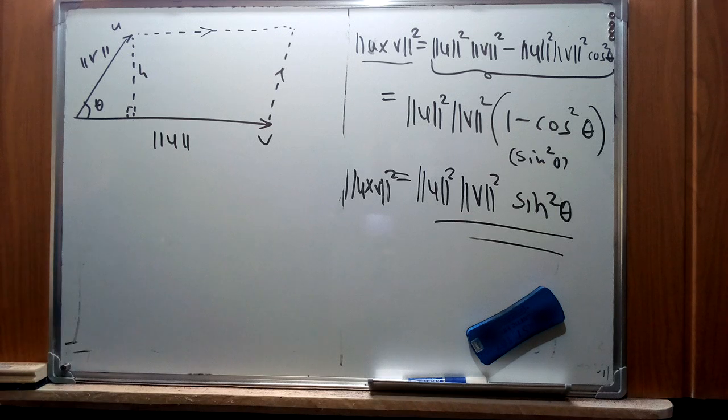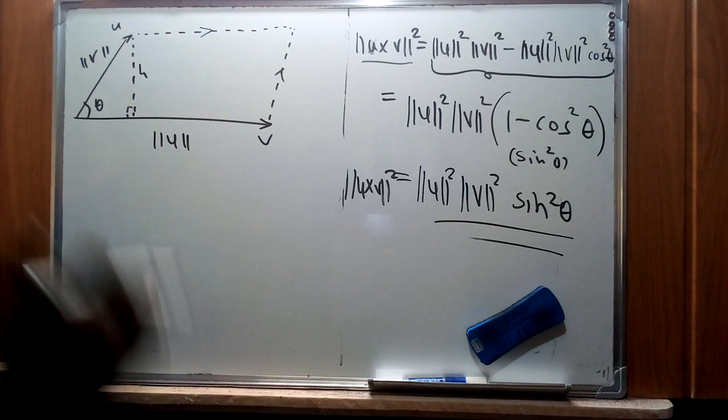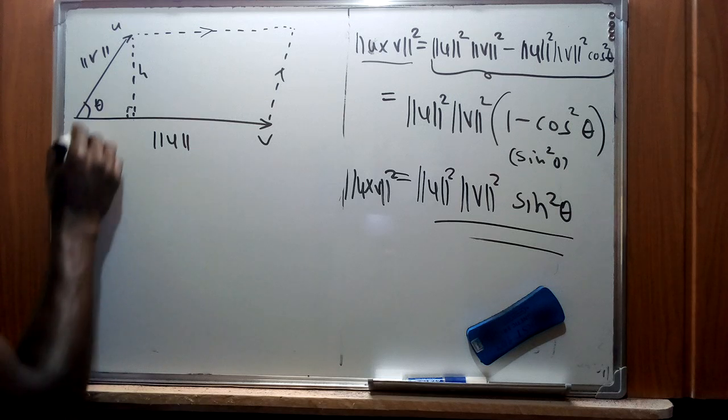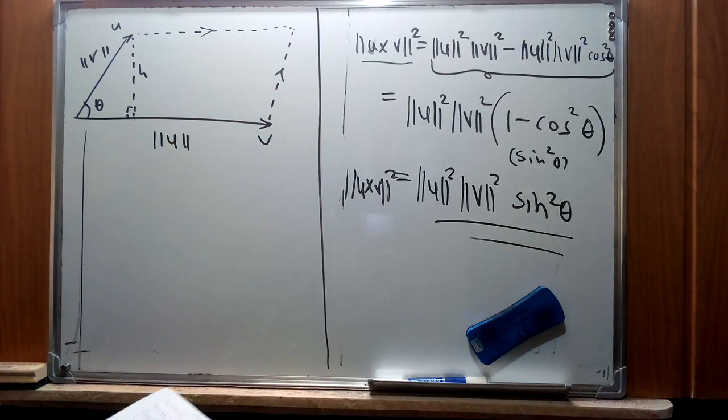Now as we said, we can use a cross product in order to find the area of a regular figure that we discussed in our previous video, a parallelogram. So we can find the area of this particular parallelogram by using the concept of trigonometry that we discussed.